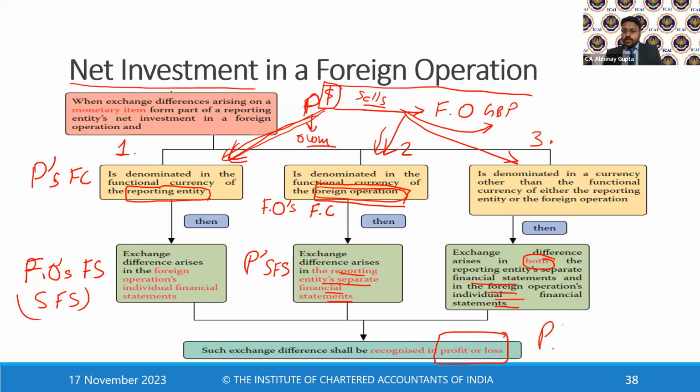Whether it is in the parent's financials, the foreign operation's financials, or both because the transaction is in a third currency, in all these cases the forex exchange gain or loss will hit P&L and not OCI. So OCI cannot be used here. Hope this concept is clear.